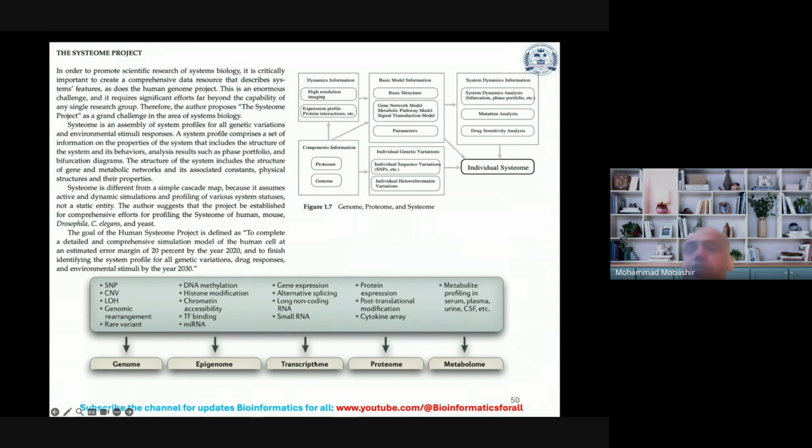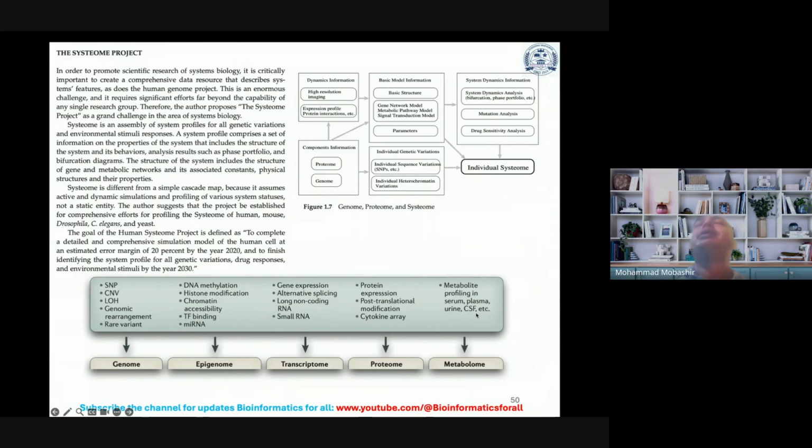Then it comes to the transcriptome level: gene expression, alternative splicing, lncRNA or long non-coding RNA, small RNA. Then you come to the proteomics level, where you need proteomics expression, PTM (post-translational modification), cytokine array, and then metabolome. Here, metabolite profiling in serum, plasma, urine, CSF.